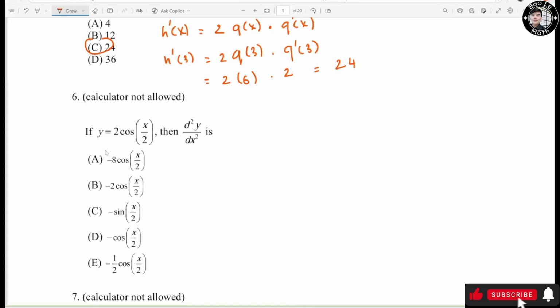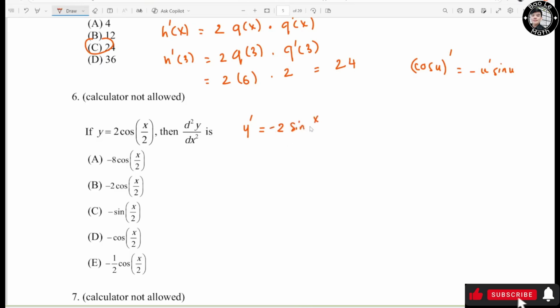Question 6. If y equals 2 cosine s over 2, we need to find the second derivative of this one, right? So we have the first derivative is going to be 2 times cosine u prime is going to be negative u prime sine u, right? It's going to be negative 2, right?